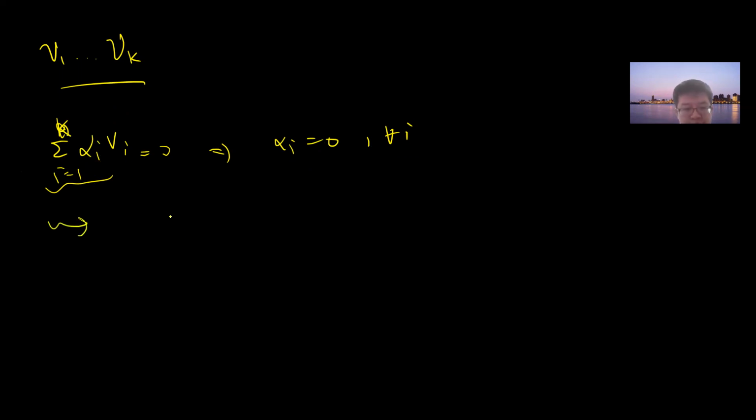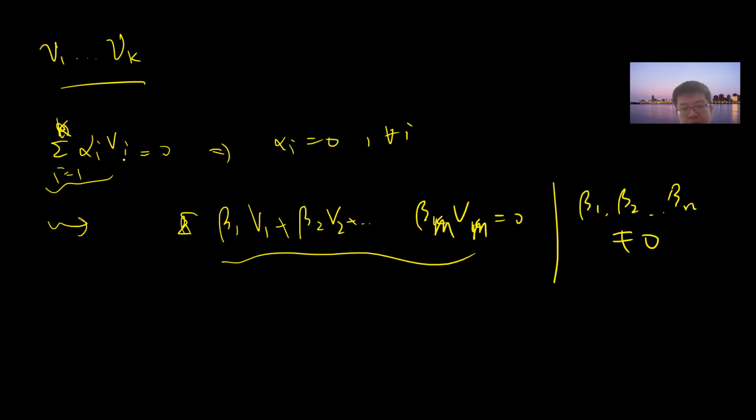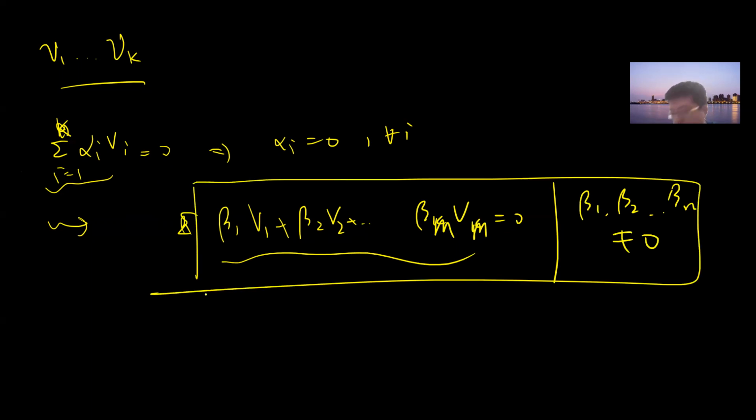So finally I can assure that my relation is like beta_1 v1 plus beta_2 v2 up to beta_n vn equals 0, such that all of beta_1, beta_2 up to beta_n are non-zero. For example, if the v2 term is deleted, then I should view v3 as v2, so I can reassemble such that every coefficient is non-zero.